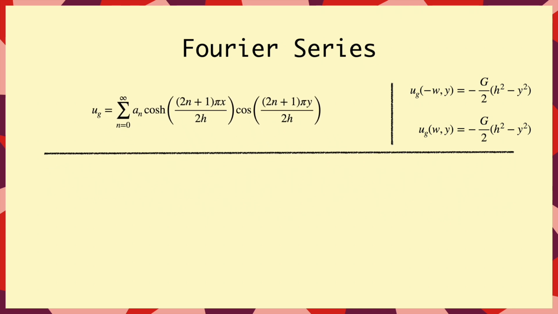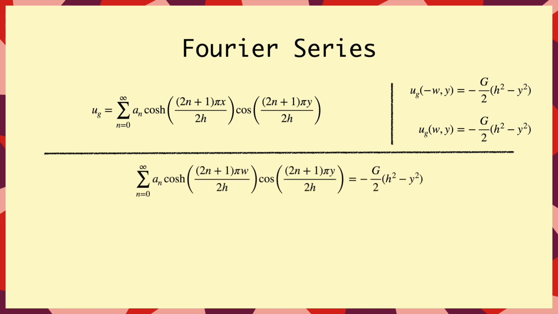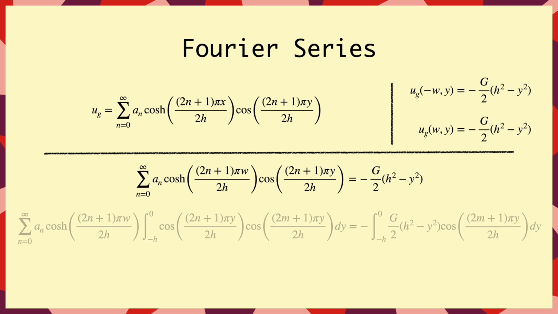Now, because cos is an even function, we only need to worry about one boundary condition, because they both mean the exact same thing. And the way that we calculate the constants in a Fourier series is to multiply both sides by another cosine function with a different index, m, and integrate across the domain and see what happens.